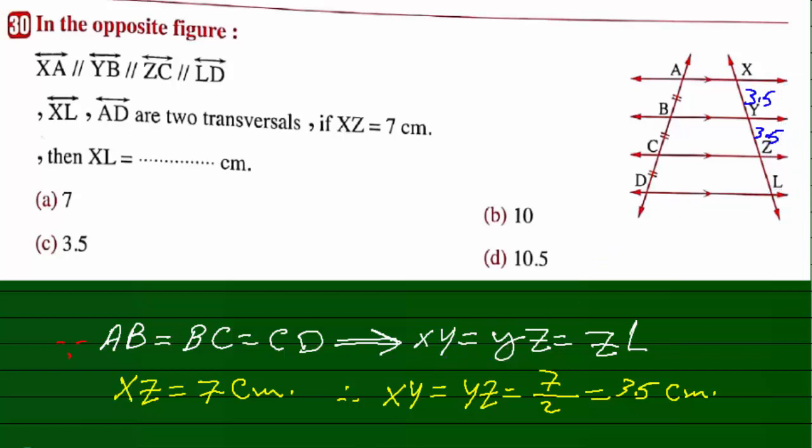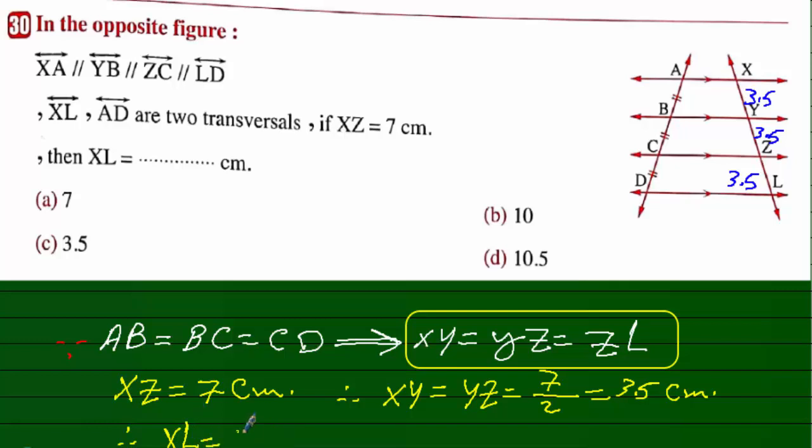But we have these three parts here are equal. So also ZL equals 3.5 centimeters. So XL equals 3 multiply 3.5, which equals 10.5 centimeters. And we choose letter D.